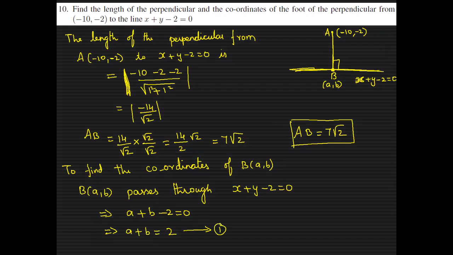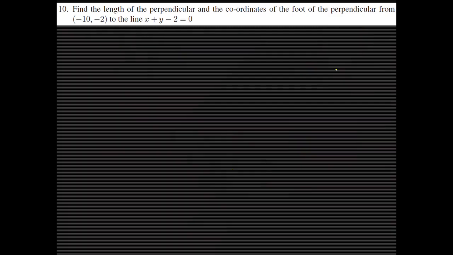Next, since A is (-10, -2) and B is (a, b), by using these 2 points I am going to find the slope m1, and from the given line I can get m2. When the lines are perpendicular, m1 into m2 is equal to -1. So m1 is the slope of the line AB.